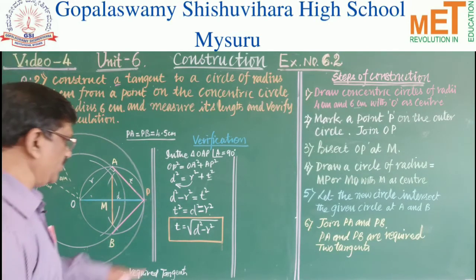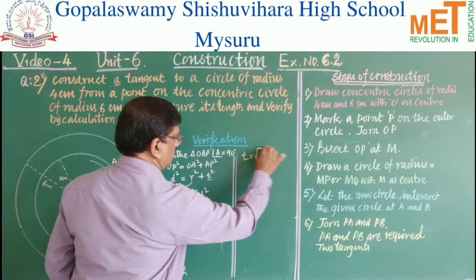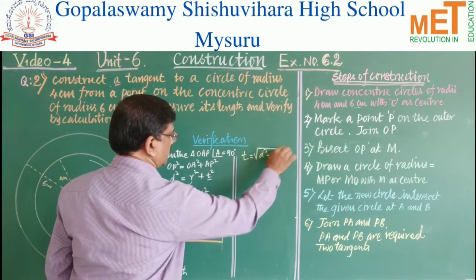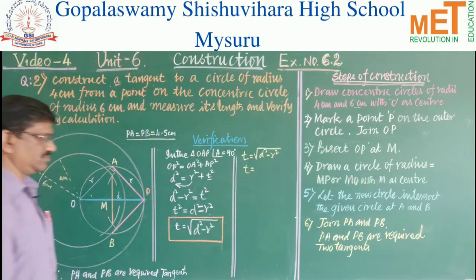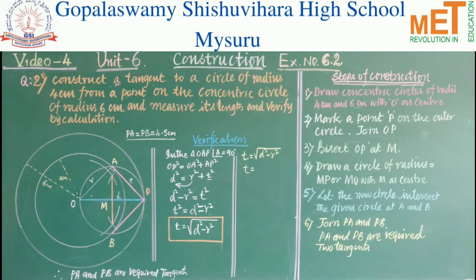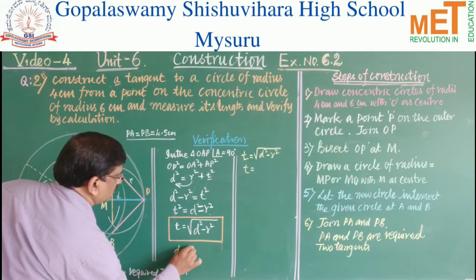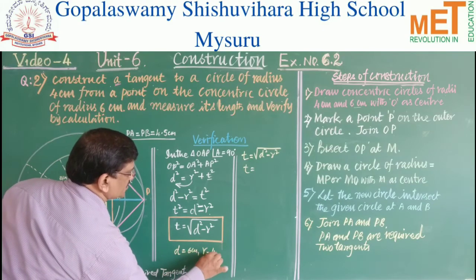Now I am using this, that is T is equal to square root of D square minus R square. Therefore, T is equal to, D is equal to 6 centimeter and R is equal to 4 centimeter.